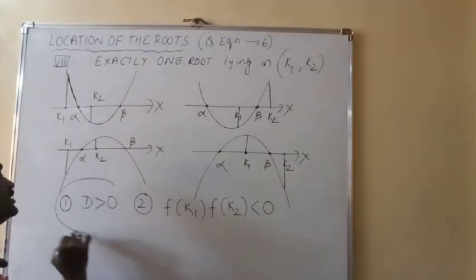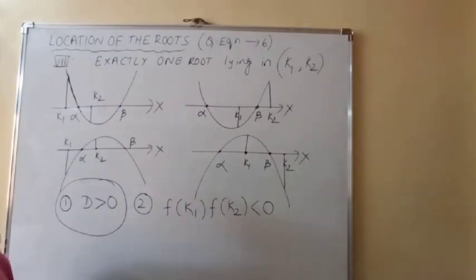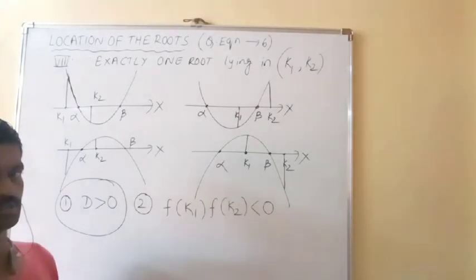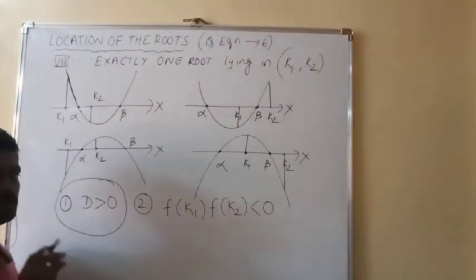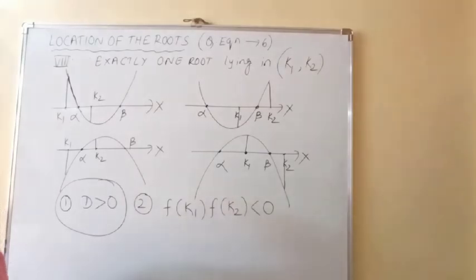Here also, no need to check this condition because D is strictly greater than 0. So no need to check D greater than 0. Wherever the case is D greater than or equal to 0, only there you have to check. If you observe the first case and second case, we are getting D greater than or equal to 0, so that you have to check. But D strictly greater than 0 is there, so it is not necessary to check while solving the problems.